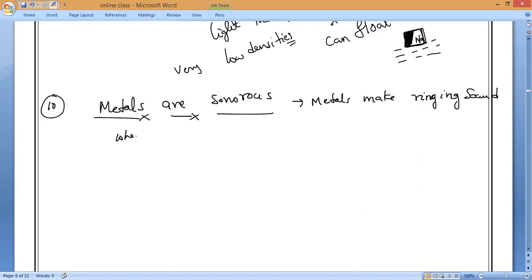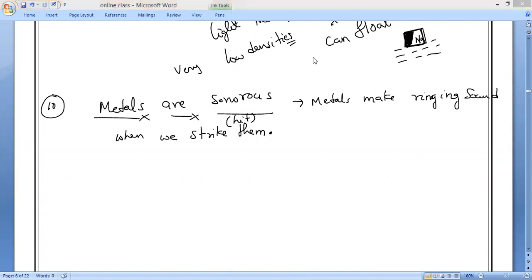If you hit the iron, the gold, the silver plate, you will get the sound or not? Is it yes or no?